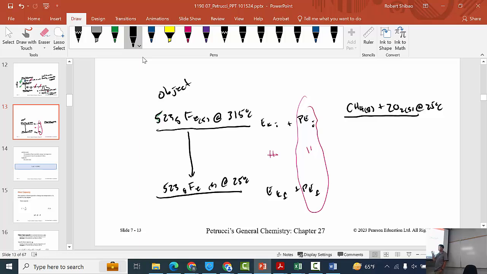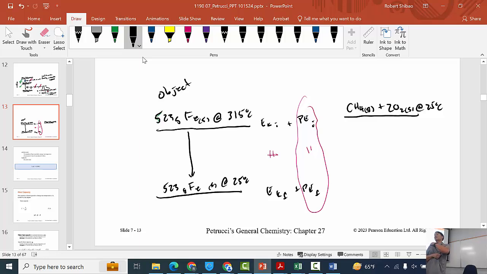Or I could just let it react, because this has potential energy. It has the potential to react to form what? Yeah, and so when you burn methane with oxygen, what happens? You get a flame.